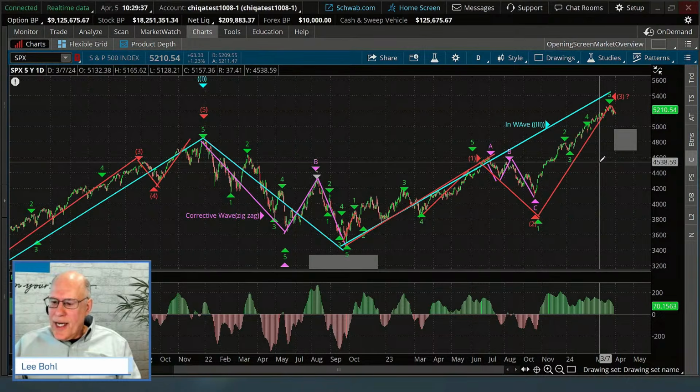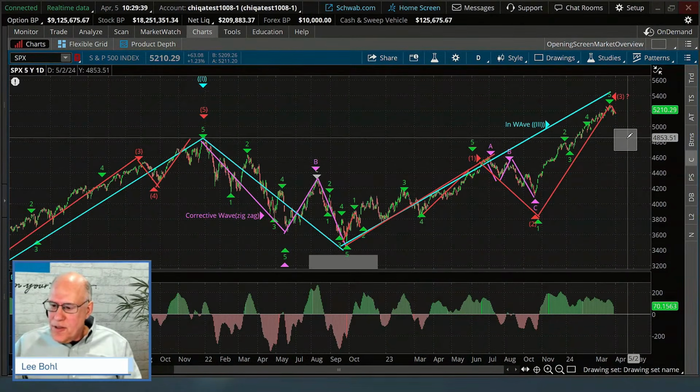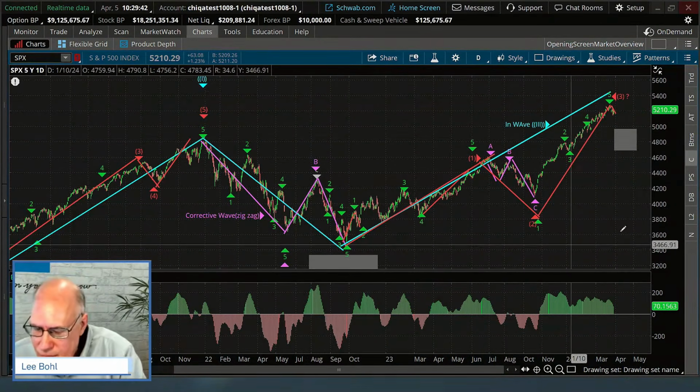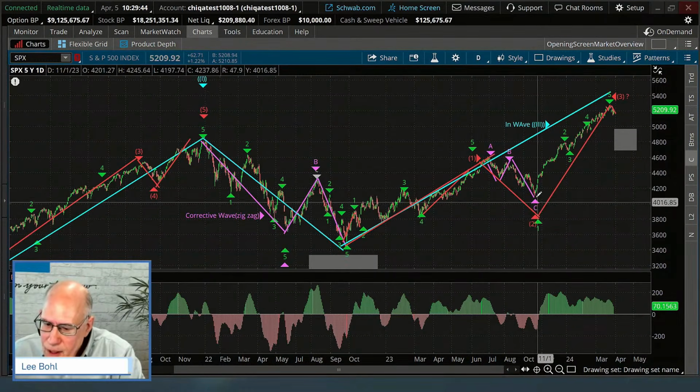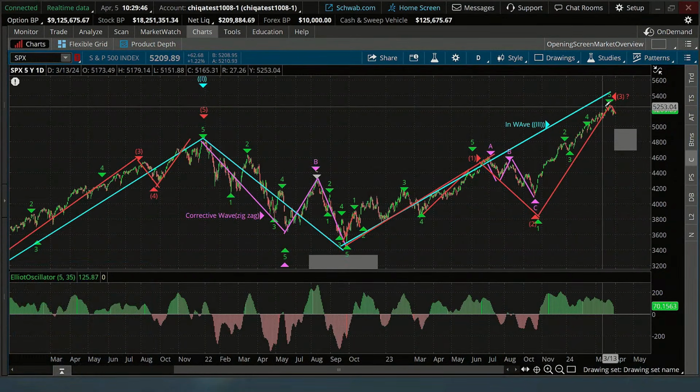And where might that go? This particular box is, I did a Fibonacci from here to here, and let's see where it is. All right, so let's go here.